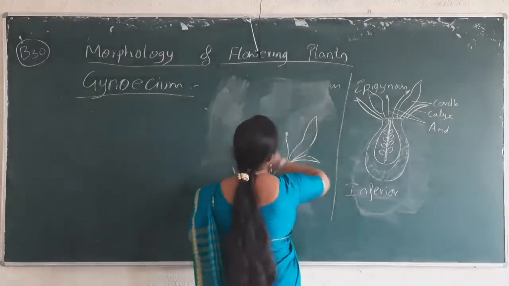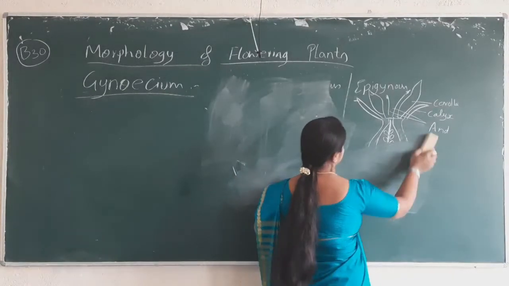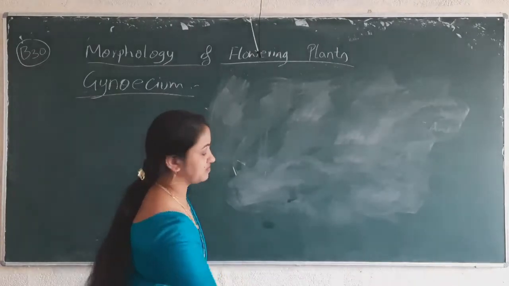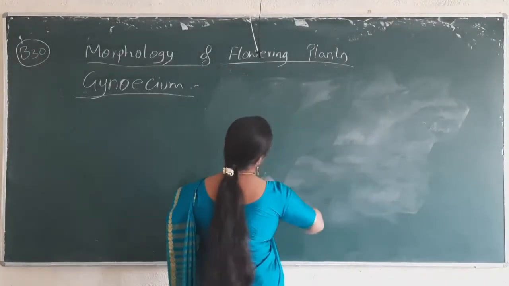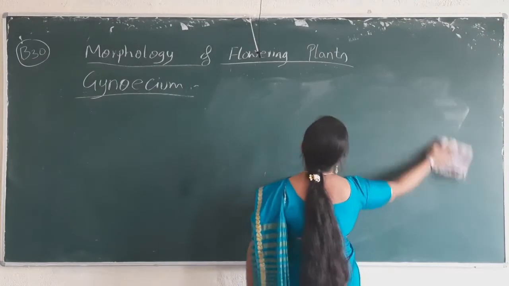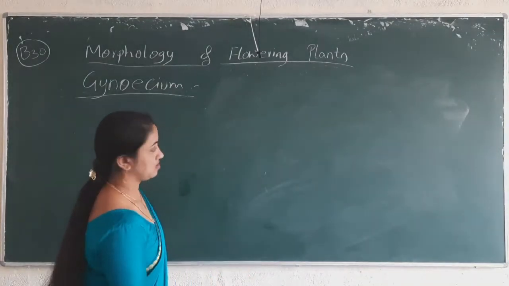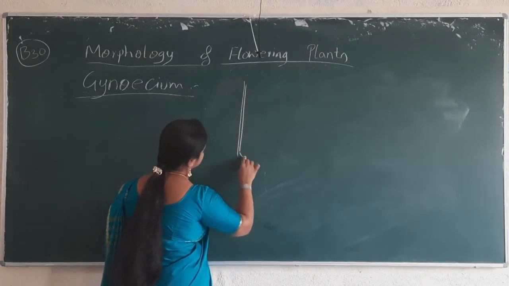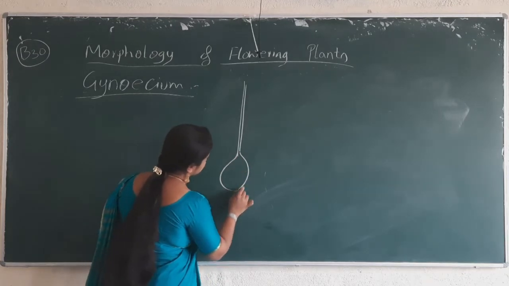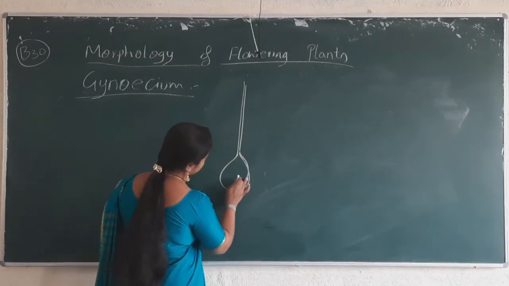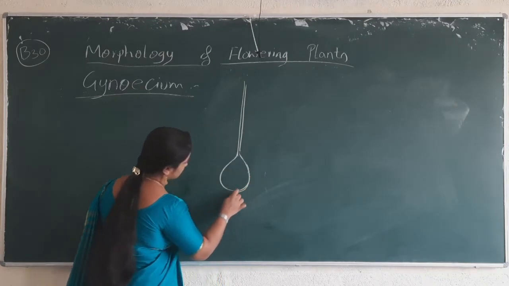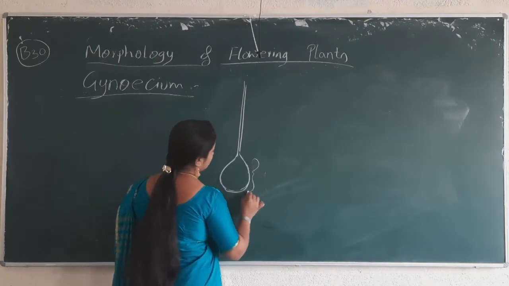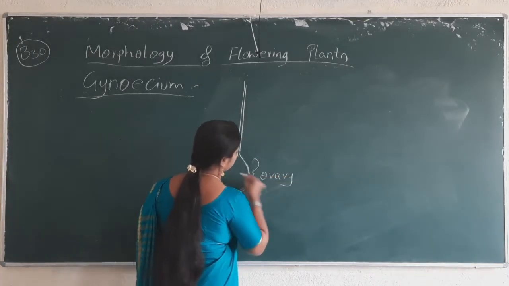We'll move on to the next concept, that is gynoecium. The gynoecium consists of an enlarged portion known as ovary.